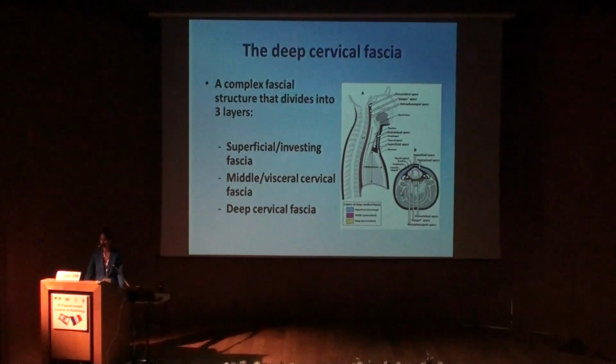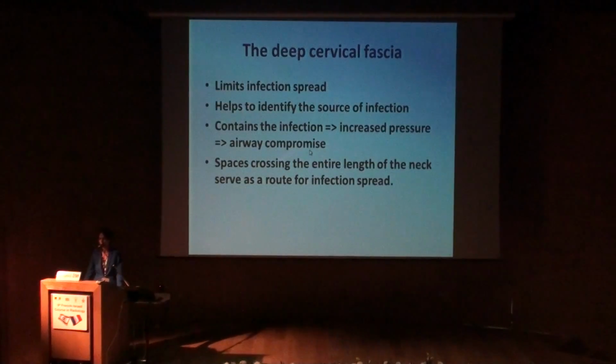Then we have the middle layer that encircles the neck structures deep inside that are more anterior, and we have the deep layer that encircles the neck structures around the spinal column, just as a general term. So what does the deep cervical fascia do? It creates subdivisions within the neck, separating some compartments.